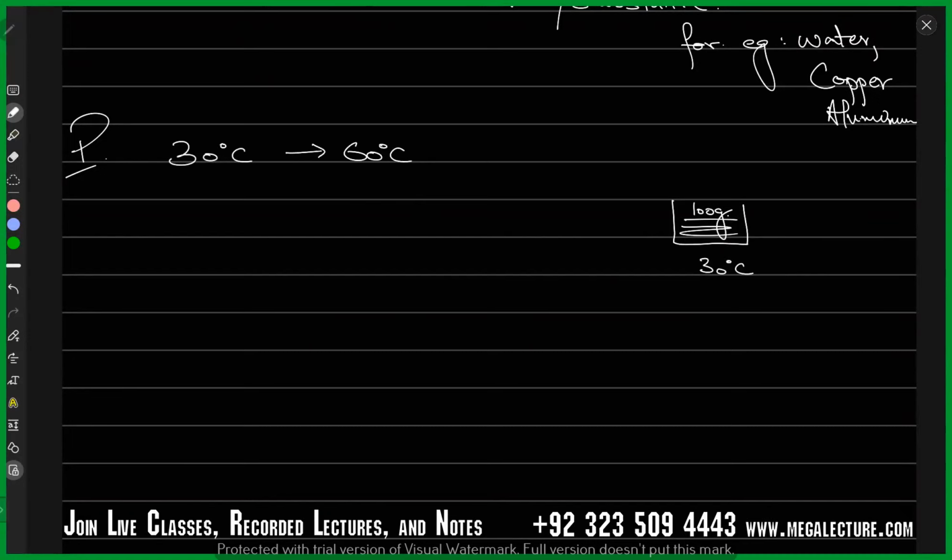In the lab, you measure the heat required to be 12,600 joules. So the heater should be capable of supplying 12,600 joules to this beaker of water to raise the temperature from 30 to 60 degrees Celsius.